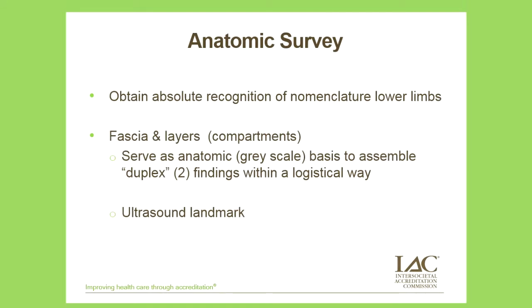So I encourage you that whenever you are looking at something to use both methods to examine. That's how we see the fascia and the layers or the compartments of the veins: the superficial compartment, the saphenous compartment, or the deep compartment. And these are our landmarks, and that's how we know where we are based on the fascia and other methods. Usually the transverse method is the best way to recognize that.